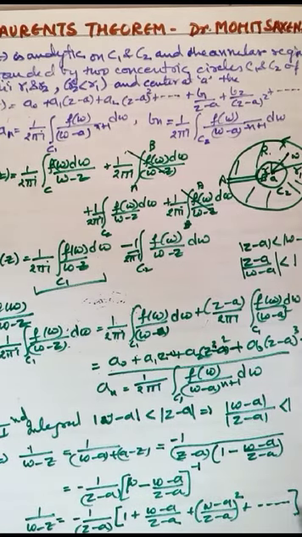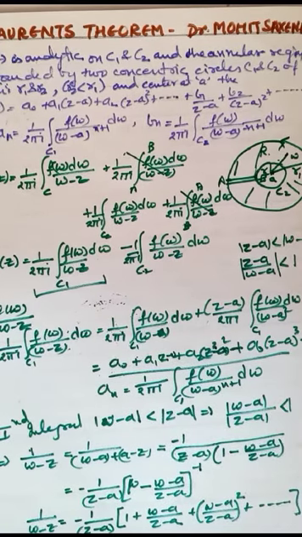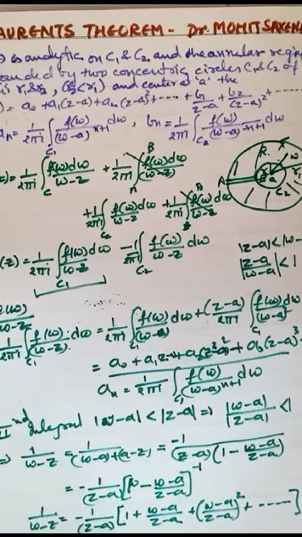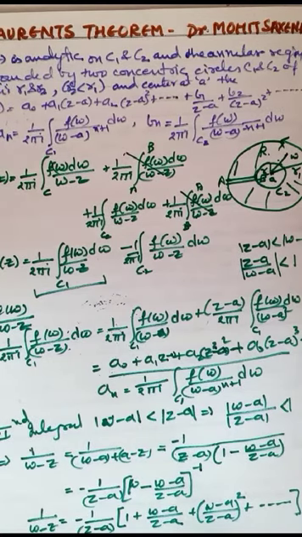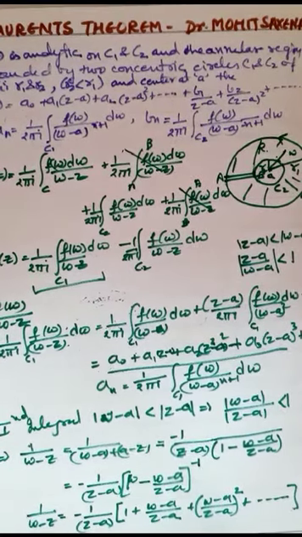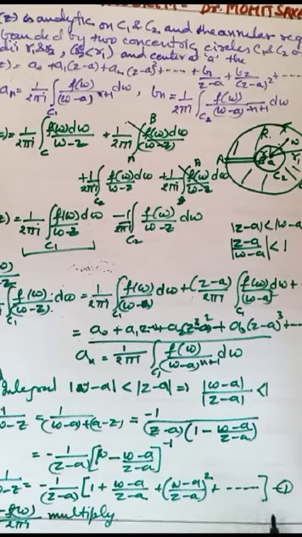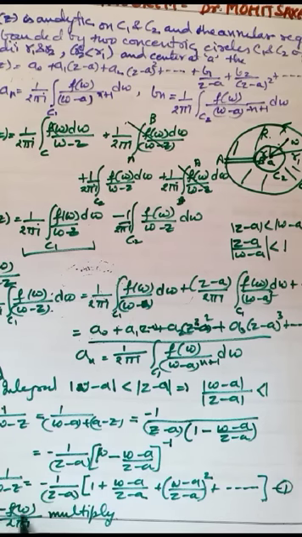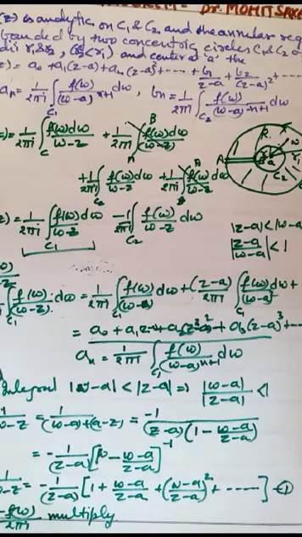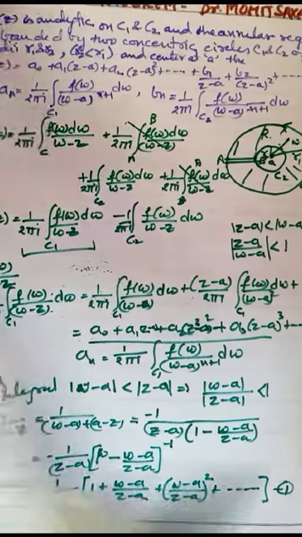Now multiply this series with minus f of w upon 2 pi i and integrate it over C2. When we multiply this equation with f of w with negative sign upon 2 pi i, we would get as follows.